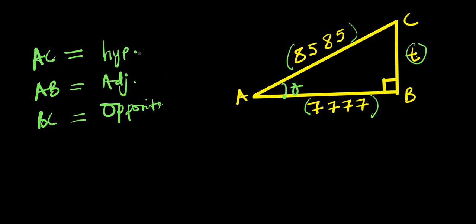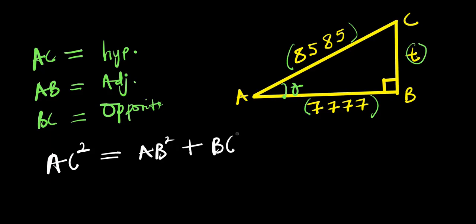Now, the Pythagoras theorem states that the square of the hypotenuse equals the sum of the squares of the opposite and the adjacent. So I'm going to have AC squared equals AB power 2 plus BC power 2. And we have values for AC, AB, and BC.